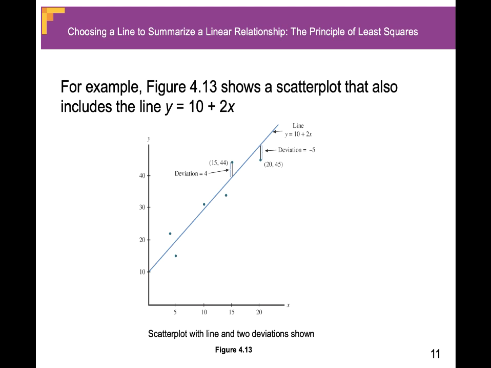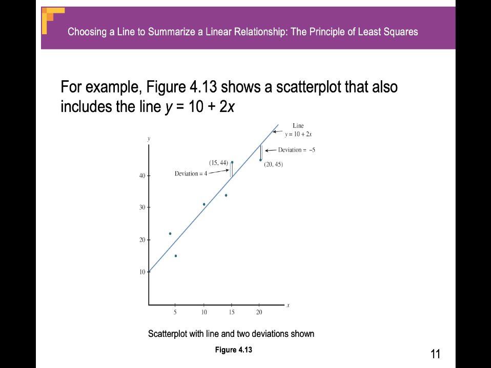It's actually a quite complicated procedure to calculate this. It requires a decent amount of calculus to figure out mathematically how to do this. But thankfully, we have some formulas that have been derived to help us, and they are also programmed into any statistical software package. You'll notice some of the deviations are positive and some are negative.